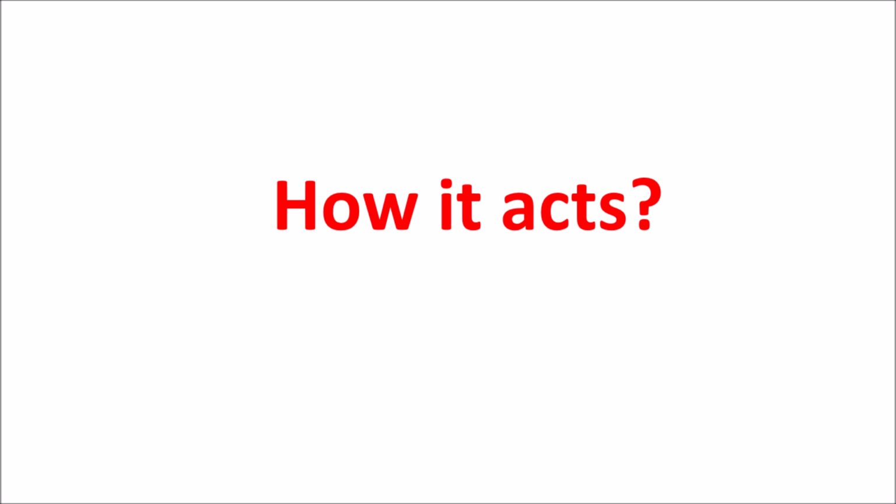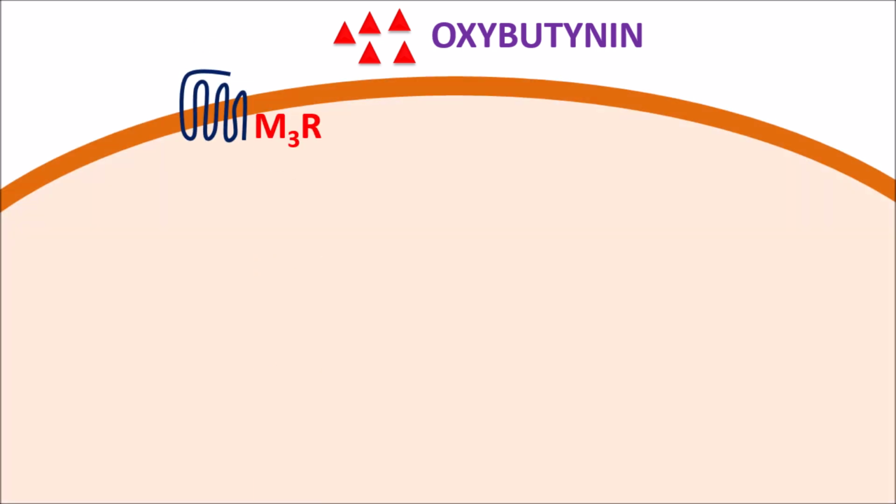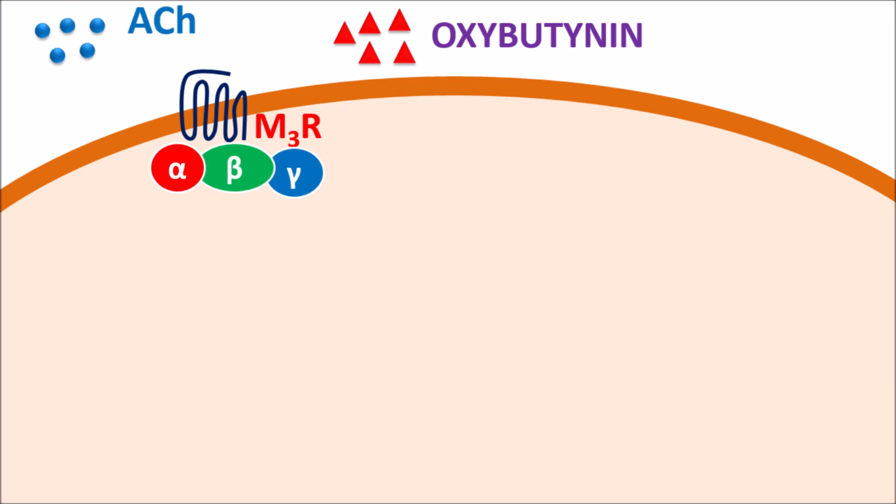Now let's see how this drug acts. Oxybutynin acts on the bladder as a relaxant. On the bladder, muscarinic acetylcholine receptors like M3 receptors are located. These are G protein coupled receptors, and when they are activated, they can produce bladder contraction. Normally, acetylcholine can bind to these M3 receptors, resulting in activation of the phospholipase C system.